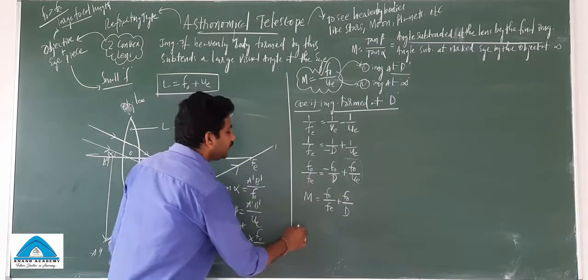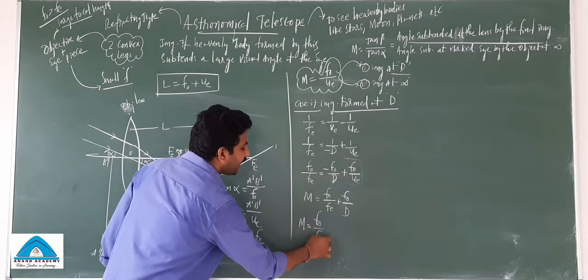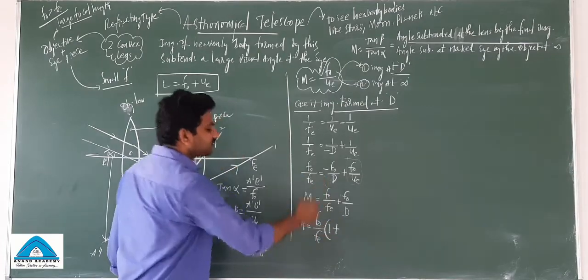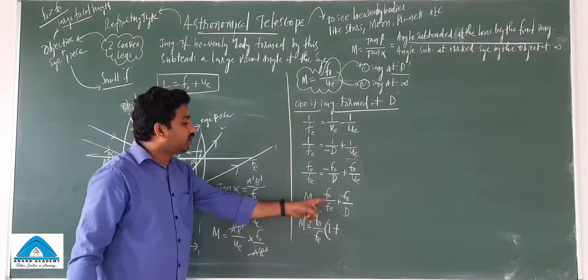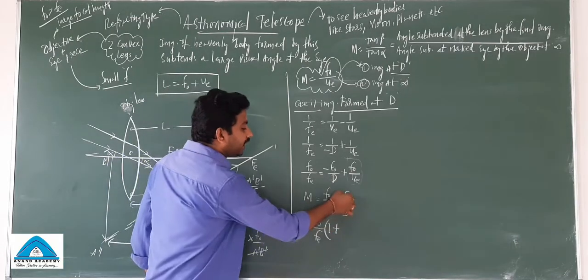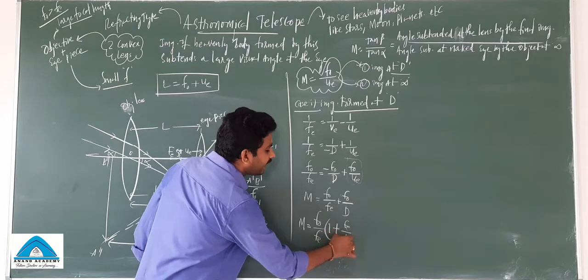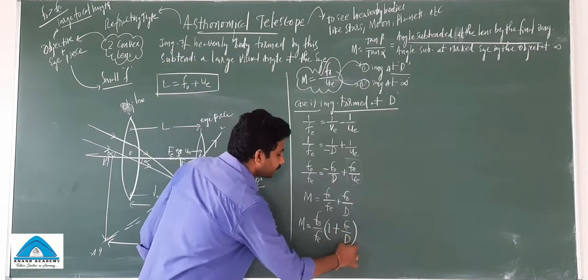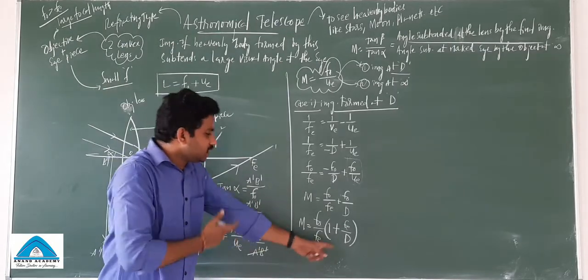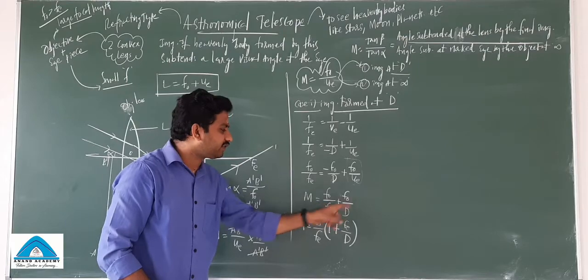And interestingly, the magnification is equal to f naught by fe into, if I take f naught by fe common, 1 plus fe by d. Since f naught is taken common but fe is not there, fe will come here.